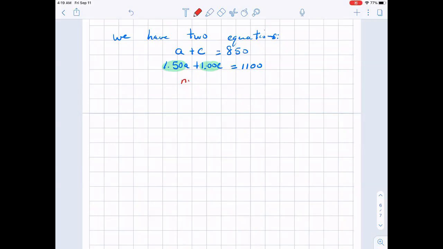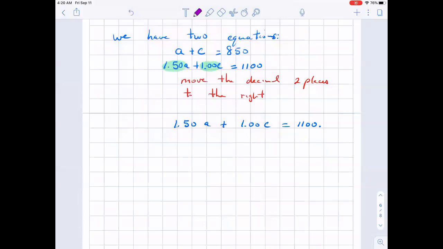Move the decimal 2 places to the right. If we do that, we have 1.50A plus 1.00C is equal to 1100. Okay. So if you move it 2 places, you don't have to move 2 because this 0 doesn't have value.